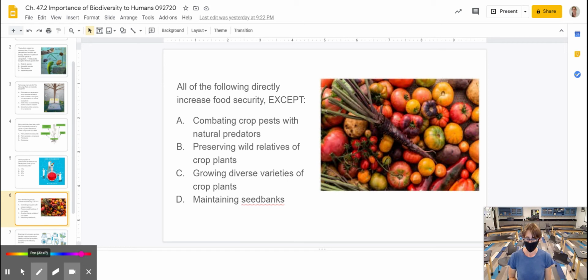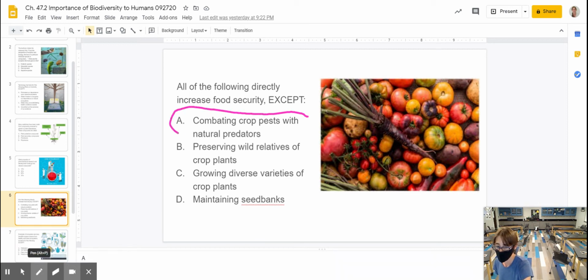Okay. So the answer is that combating crop pests with natural predators, while it may be a really good thing and might help support diversity of especially insects that live in crop fields, doesn't directly increase our food security. However, these other things do. Maintaining seed banks is so that we can maintain a lot of varieties of different crops and save those seeds so that we don't lose them in the future.